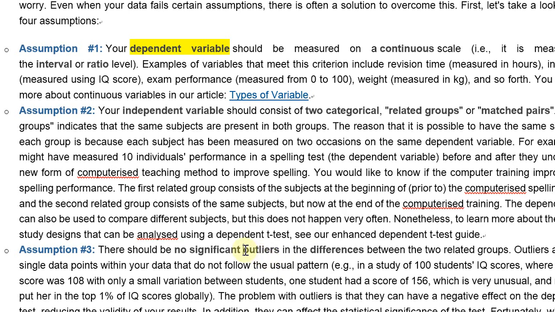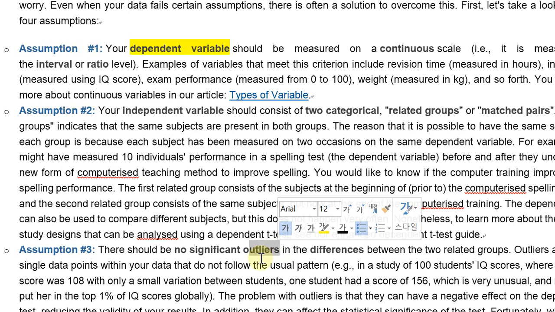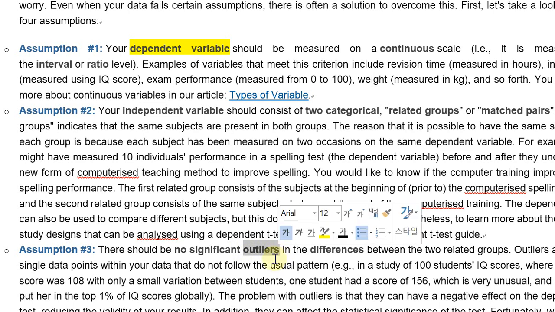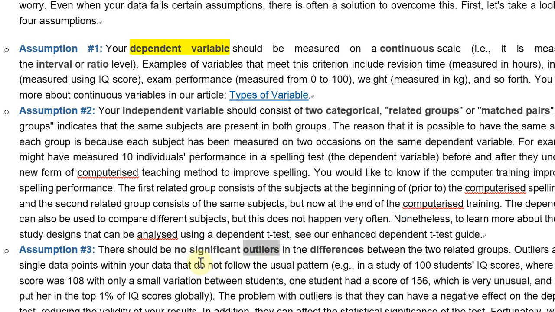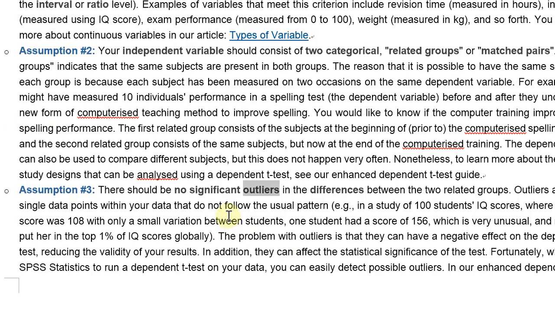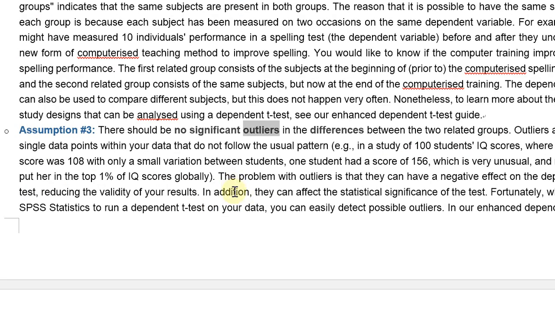If you find outliers in the variables, you have to get rid of them, because outliers can twist your result. If you have any outstanding figure that is quite high or quite low compared to your average, that number should be deleted. That is an outlier. So if significant outliers exist, they should be deleted. Okay, that was assumption number 3.